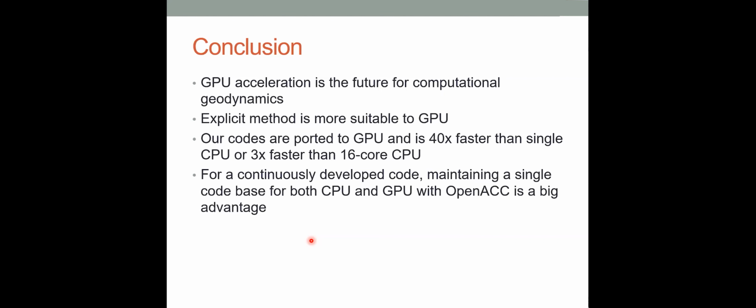We found that because our geodynamics code is still under development, it's being changed for different purposes of the research project. So maintaining a single code base for the CPU and the GPU at the same time is very important for us. So doing it with OpenACC is a big advantage.